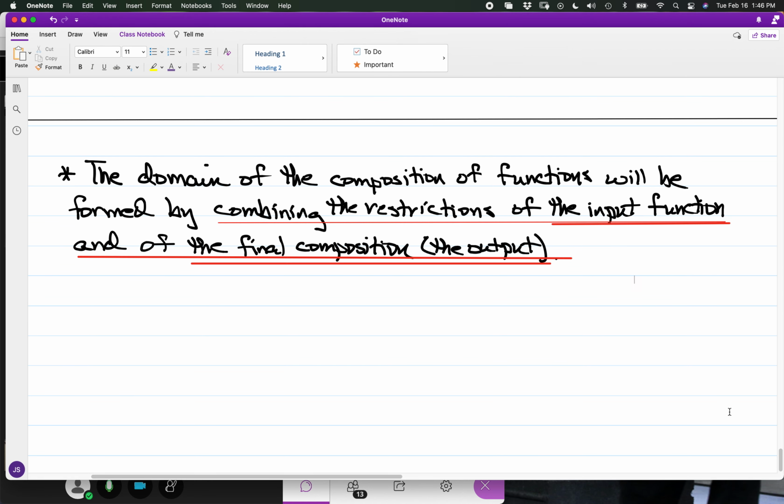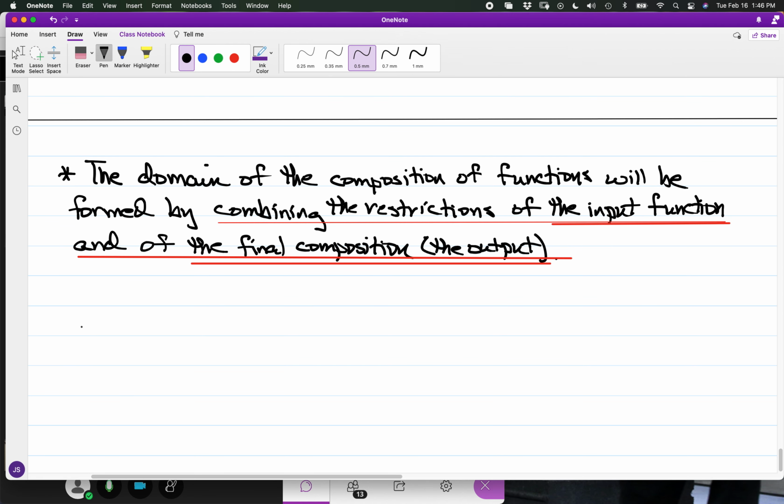And we'll use that as a building block. Now, we'll just deal with f composed with g of x and its domain.